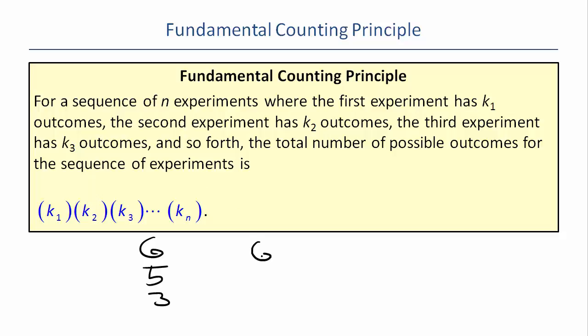Well, 6 times 5 times 3, and you just have 90 different outfits. Okay? And if we did a tree diagram, you would have 6 branches, and then on the end of each of those 5, and on the end of each of those 3, and that would list all of the various outfits, where each branch would have maybe a different colored shirt or whatever it happens to be. But it's a lot easier to just multiply together.